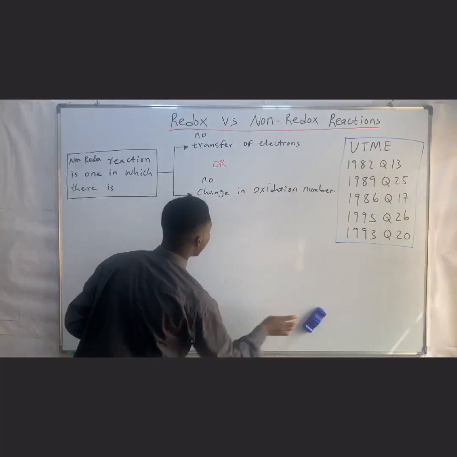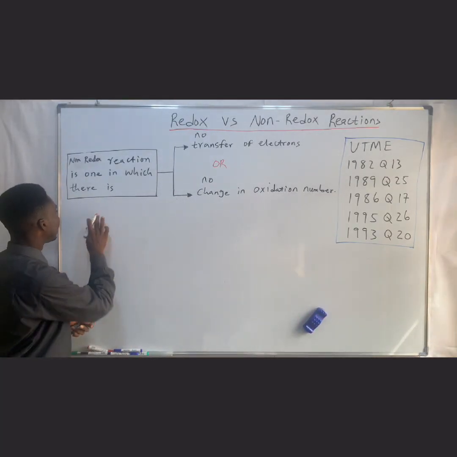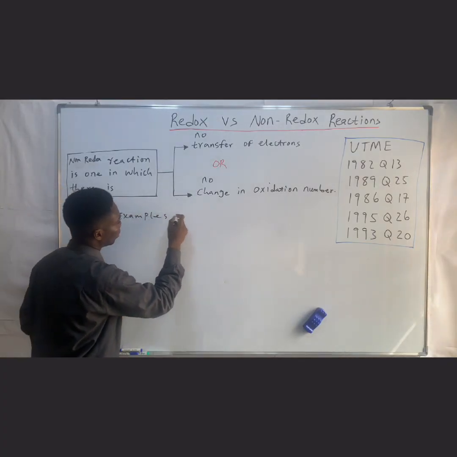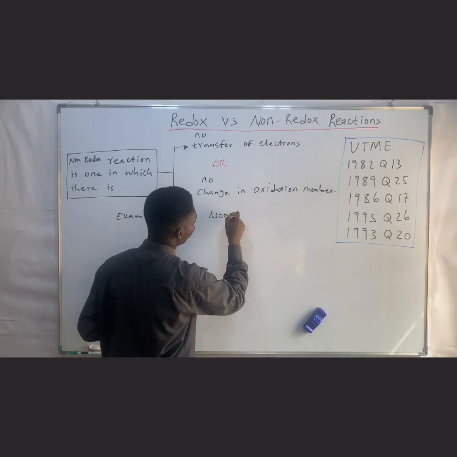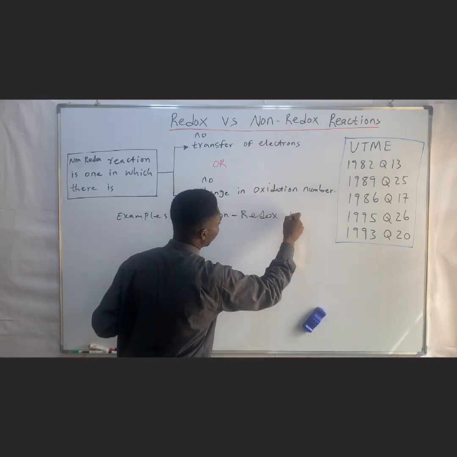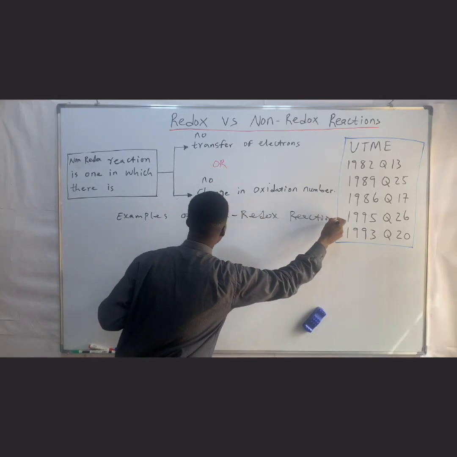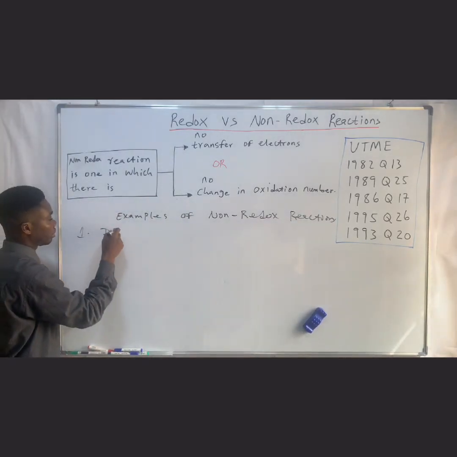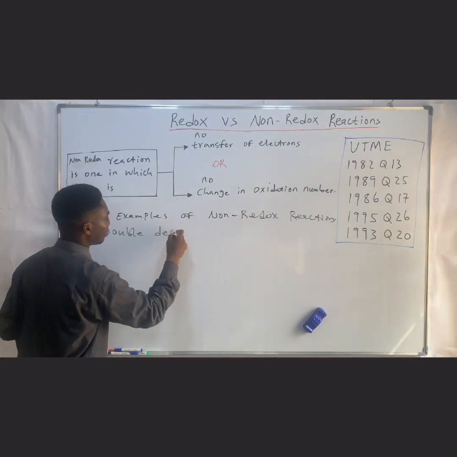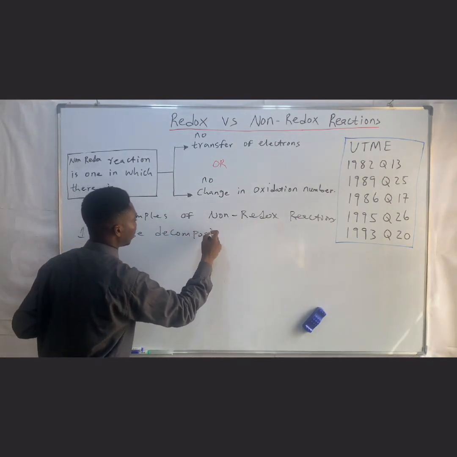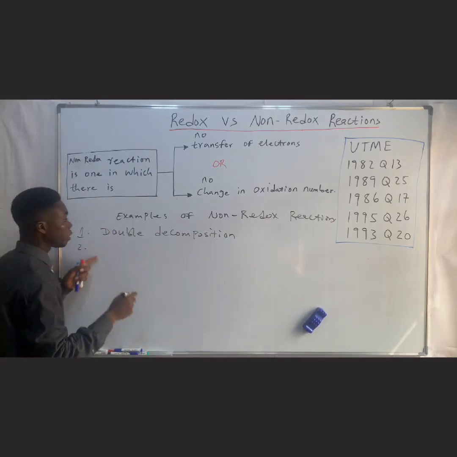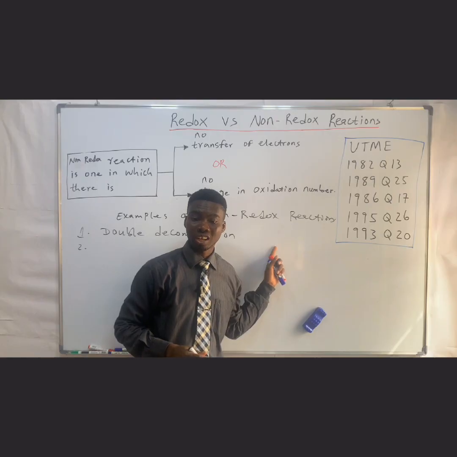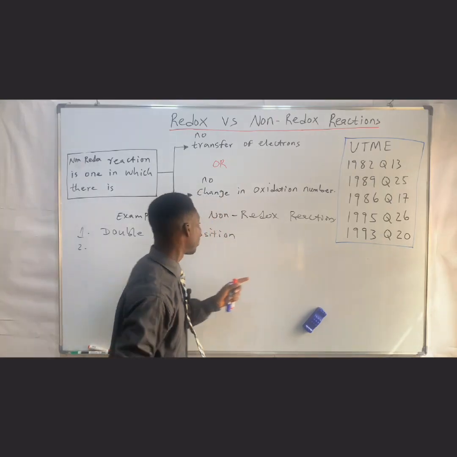All right. Now let's take a look at examples of non-redox reaction. Examples of non-redox reactions: number one is double decomposition reaction, which is also called double replacement reaction, or metathesis.